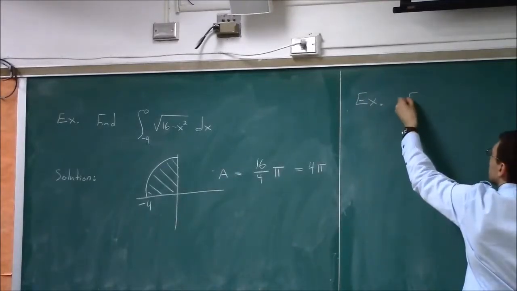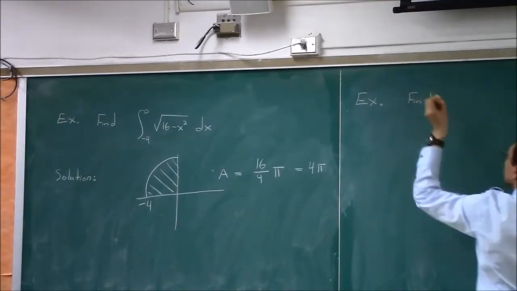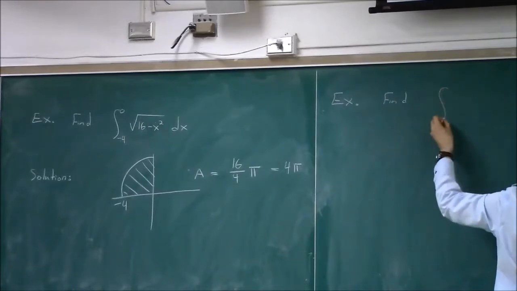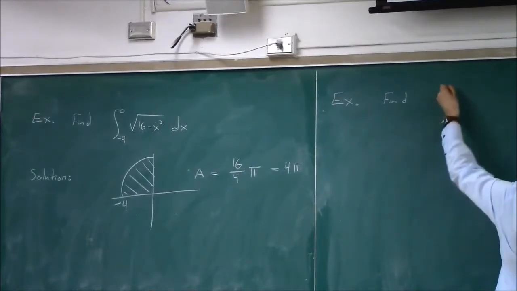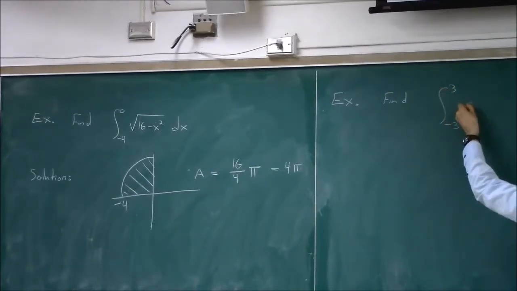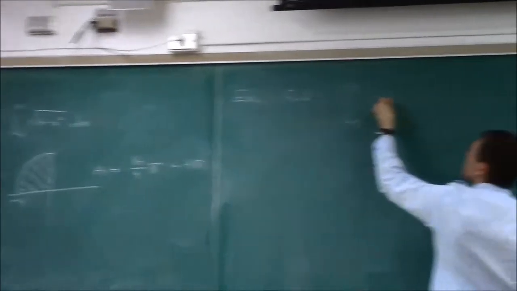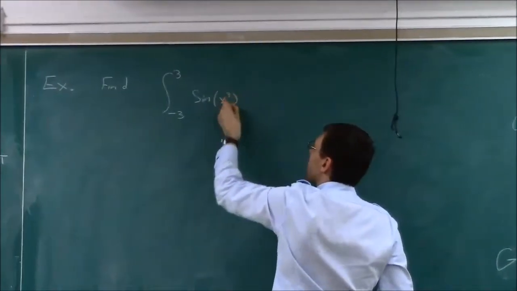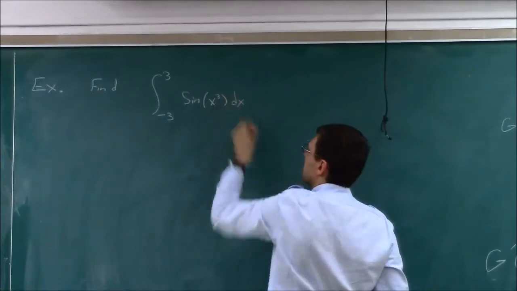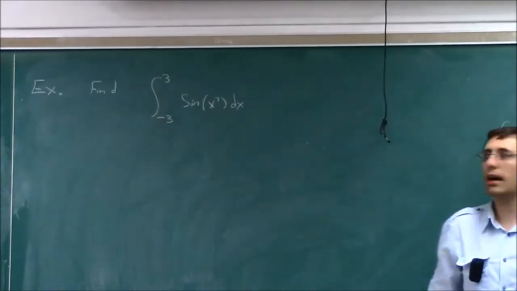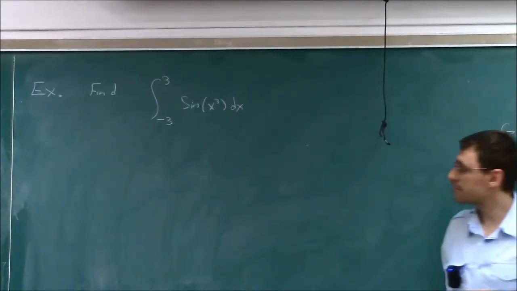Find the integral from minus 3 to 3 of sine of x cubed dx. Anything you want. How do we find this integral?